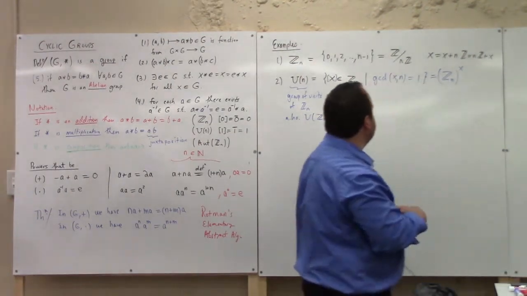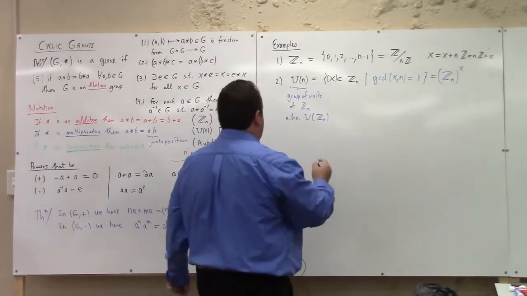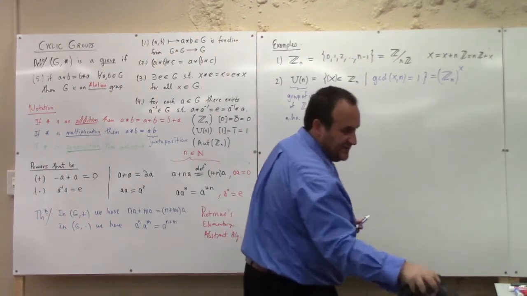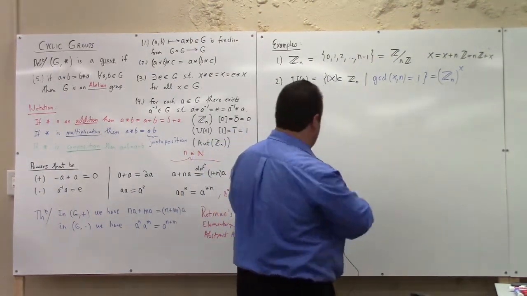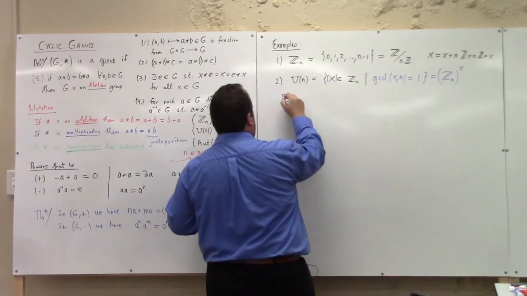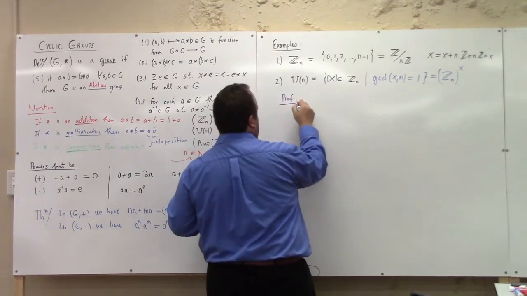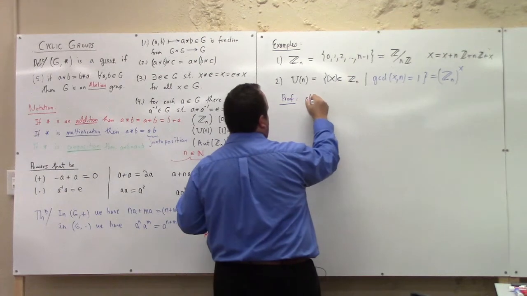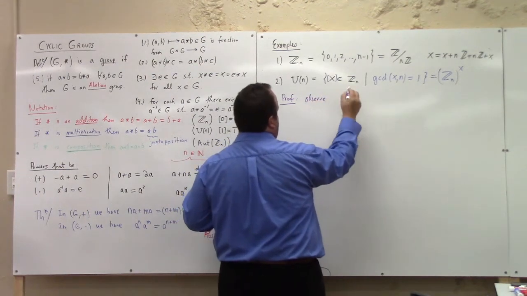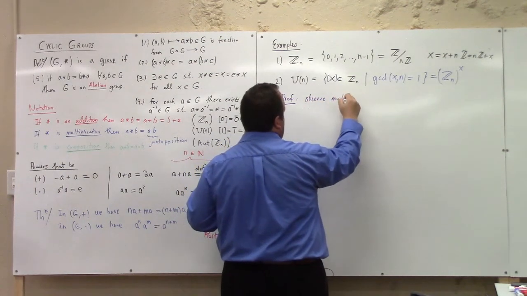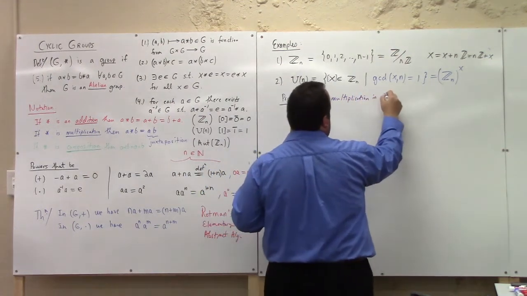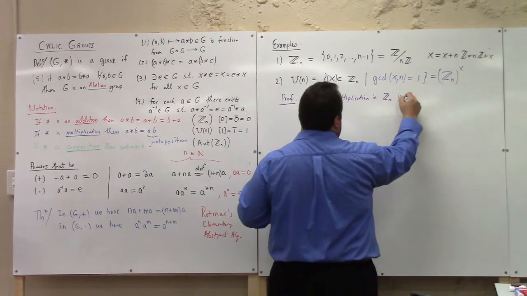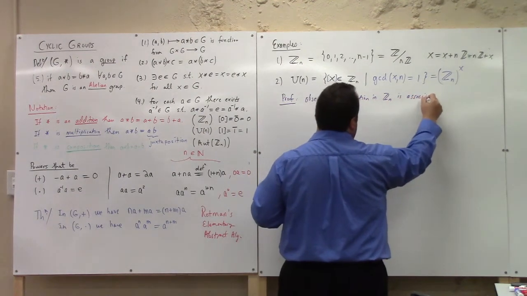Okay, so first of all, I'm going to erase this as it's in the way. Proof that it's a group. Let's observe that multiplication in Zn is associative, right?